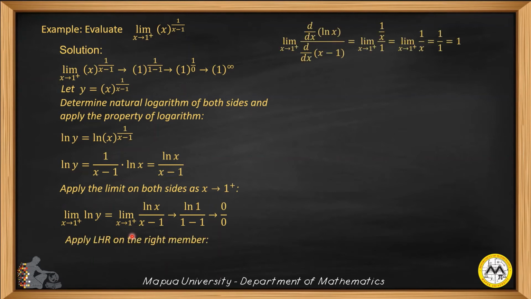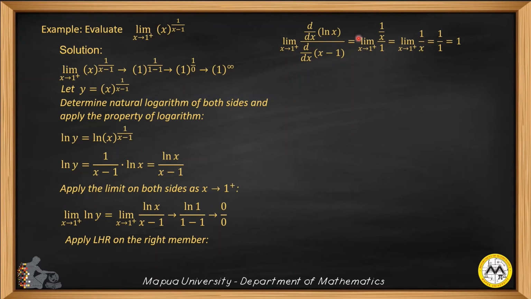Okay, so the application of L'Hopital's rule will now give us the limit as x approaches 1 from the right of the derivative of ln x divided by the derivative of x minus 1. The derivative of ln x is just 1 over x, and that of x minus 1 is a 1.